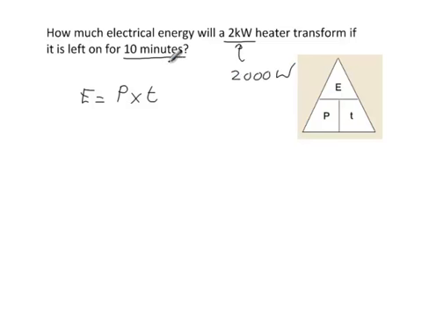And I need this in seconds, so 1 minute is 60 seconds, so 10 minutes must be 600 seconds. Okay, so put that into the formula. So energy equals the power, which is 2,000 watts, multiplied by the time, which is 600 seconds.